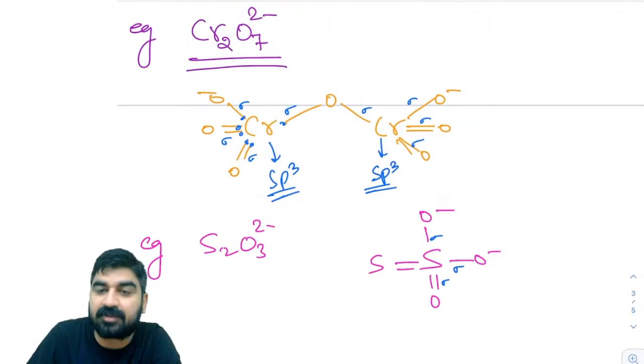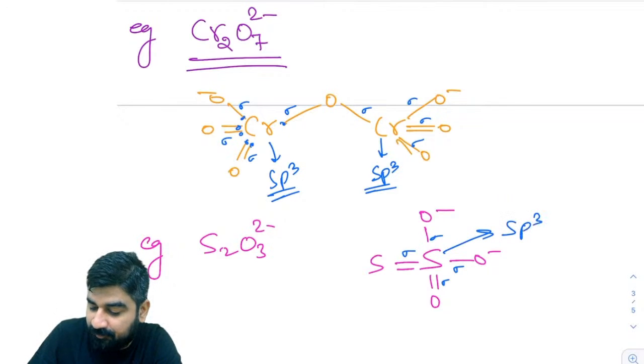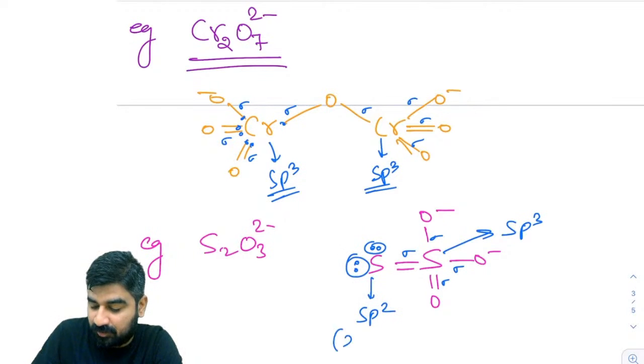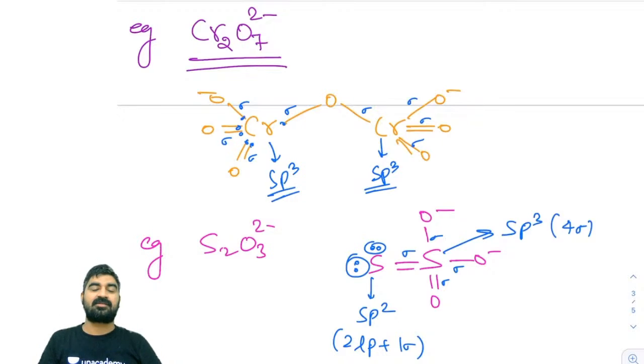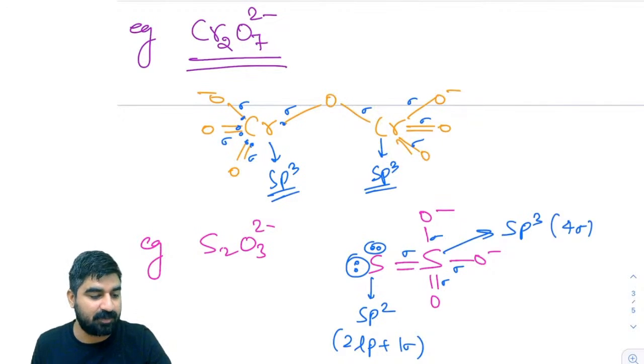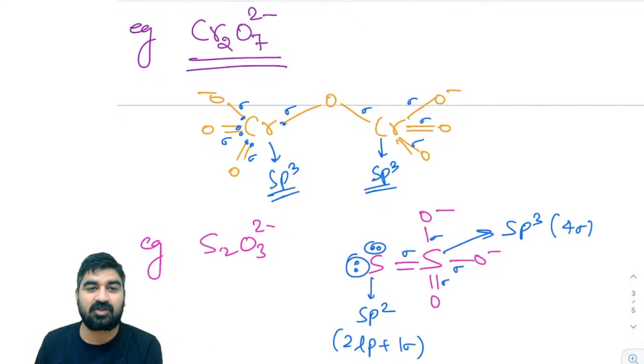Sigma, sigma, sigma, and sigma. This will be sp3. But where it is making one sigma and two lone pairs, it would be sp2. But this is making four sigma bonds. Got it, guys? And it is making two pi bonds, but we only count sigma bonds. So using the structure, you can tell me the hybridization of anything now.